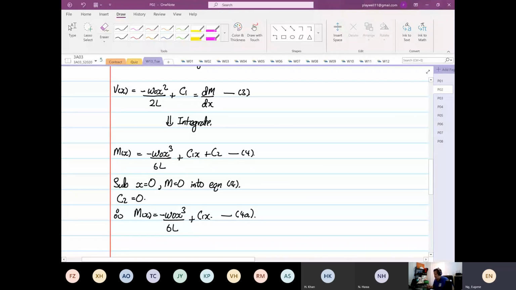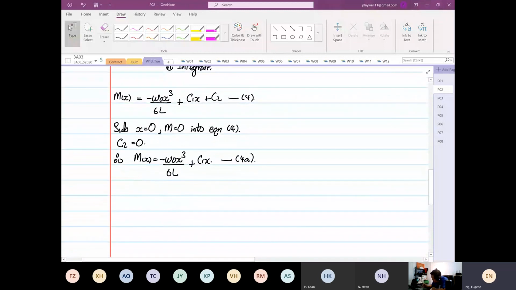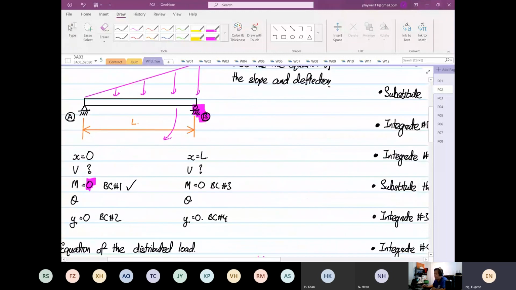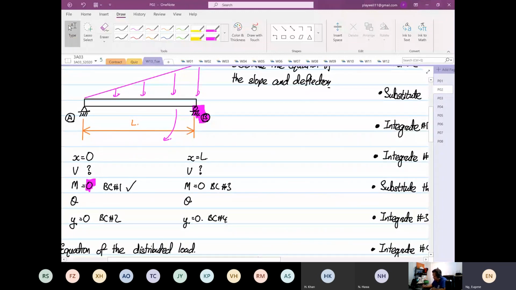To find C1, we have to substitute x is equal to L. The moment is still equal to 0, and then we're going to substitute into equation 4a. So x equal to L, moment is equal to 0, what are we looking at? We are looking at boundary condition number 3.